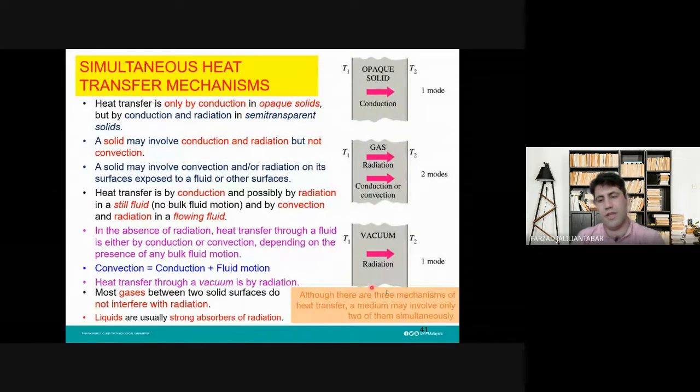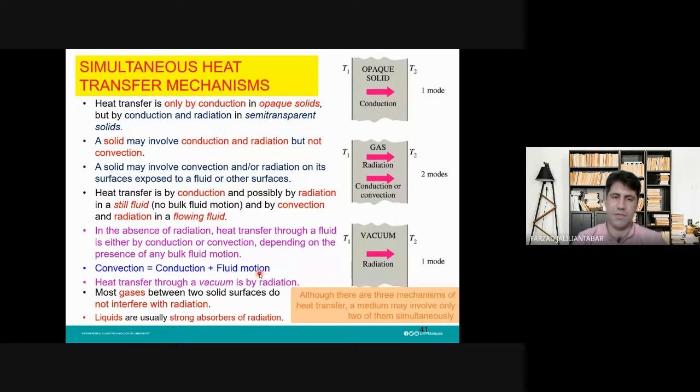So this is the general conclusion from this explanation: however we have three modes of heat transfer, generally we cannot have more than two types at once. Usually, we have radiation plus conduction or radiation plus convection.